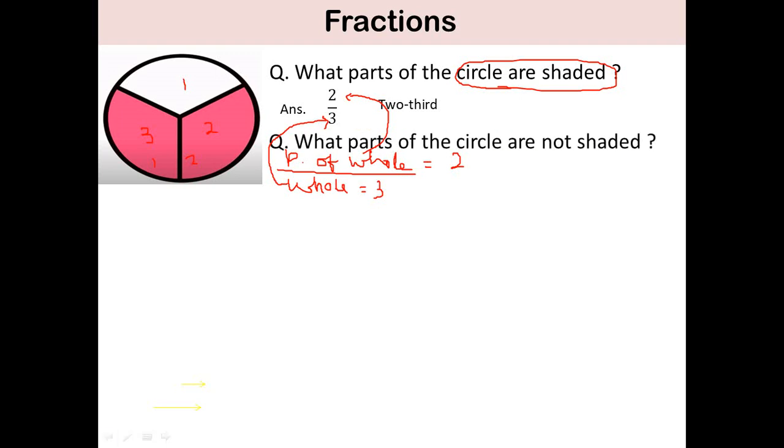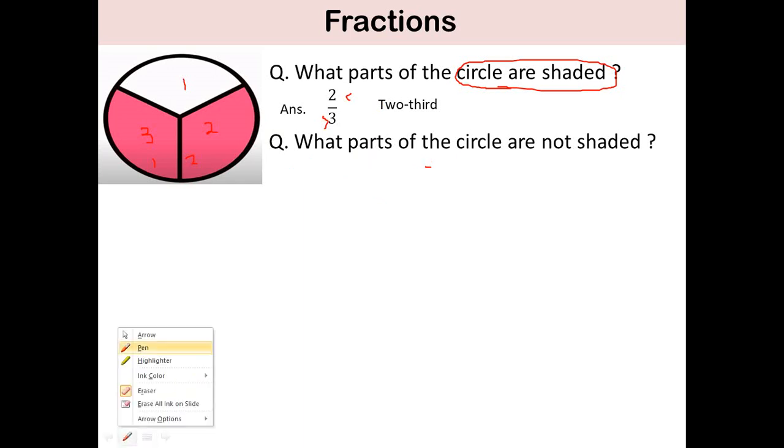Then next question: what part of the circle is not shaded? What part of the circle is not shaded? Now you can answer. I think only one part of this circle has not been shaded, right? So part of whole equals 1.